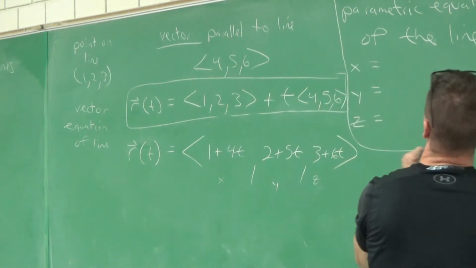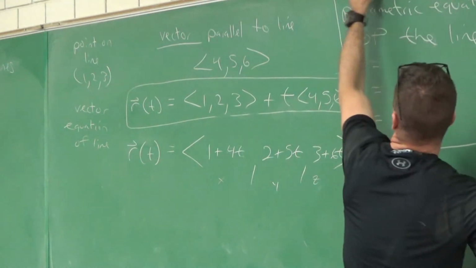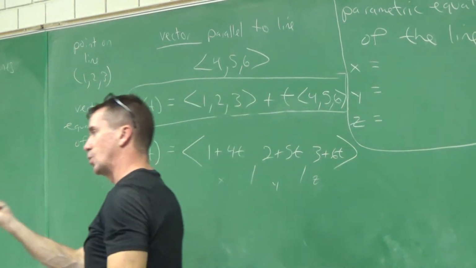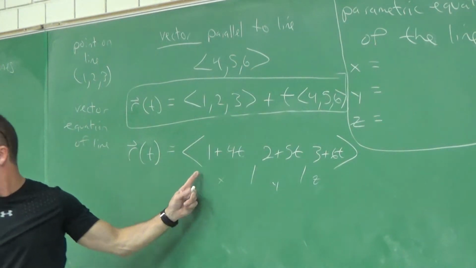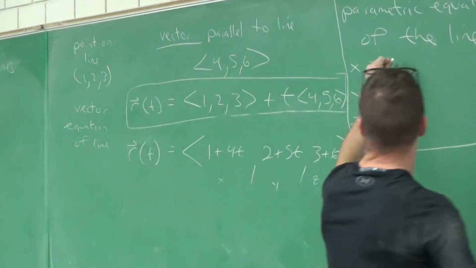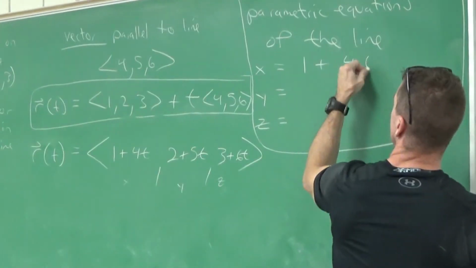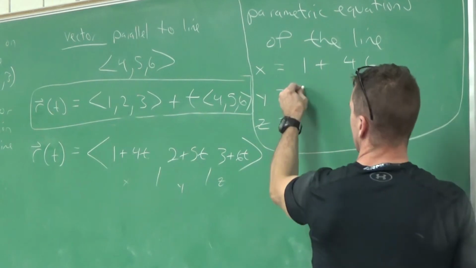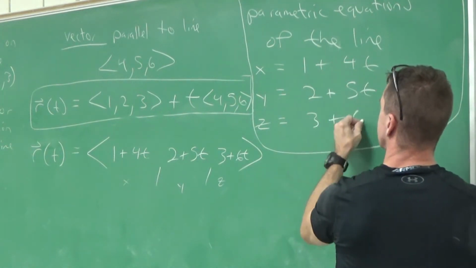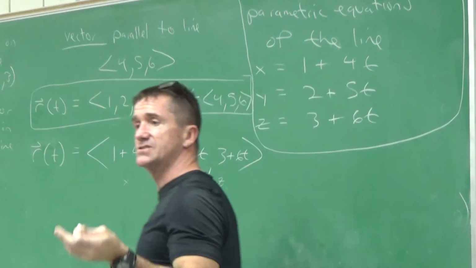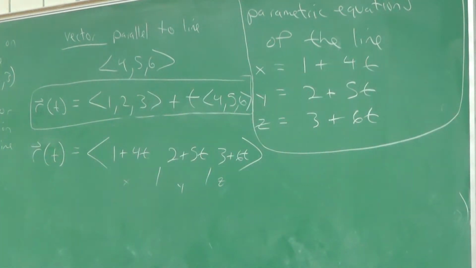A lot of times in our course, you may just want to write the three parametric equations of the line. Well then, what can I say x is equal to? x is equal to the what? 1 plus 4t. The y is the 2 plus 5t. The z is the 3 plus 6t. If you're just asked to describe the line or come up with the line, of course, you can write it as a vector.